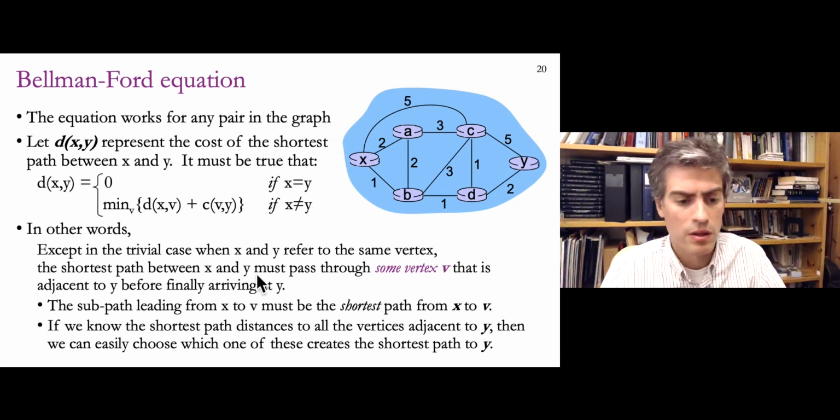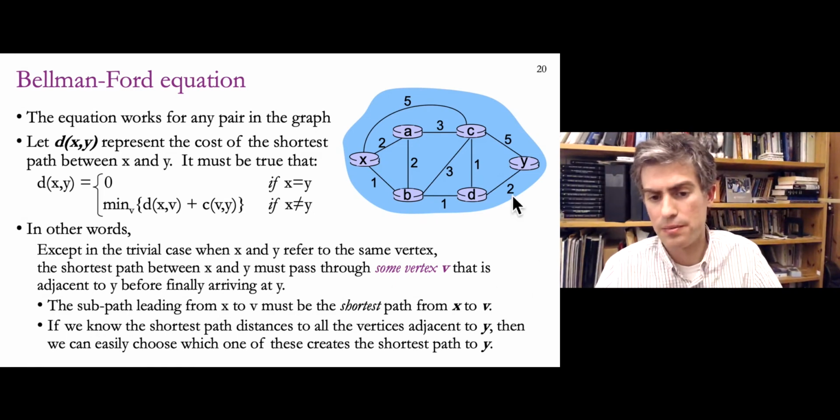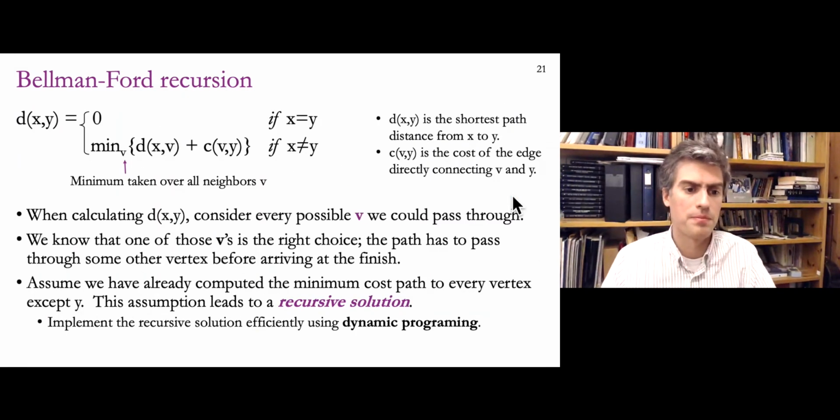Okay. So just to express that in a different way, the shortest path between X and Y must pass through some vertex V that's adjacent to Y before finally arriving at Y, and we just choose the one that's minimal.